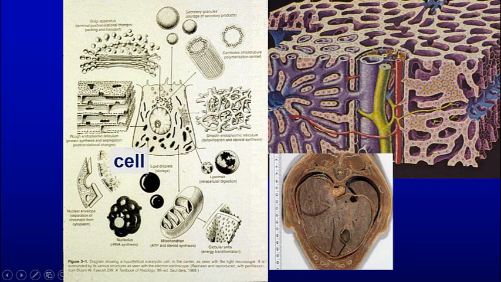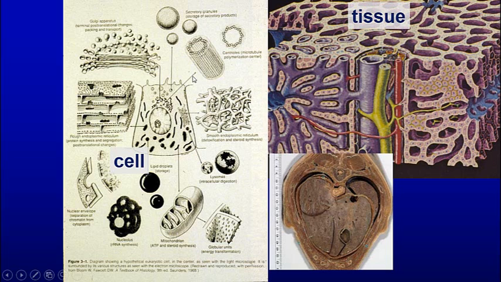We have a nucleolus inside there, which is responsible for making the ribosomes. And then we have the mitochondria for energy. We have lipid, lysosomes inside there. We have centrioles and secretory granules, which are some of the things that we see in the cell.